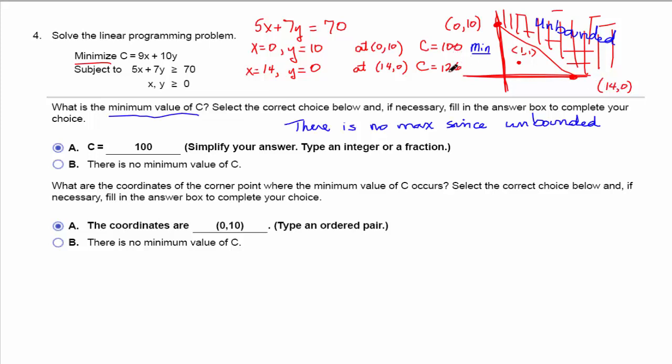And if I plug in 14, 0, so I'm just plugging it into 9 times 14 plus 10 times 0, I get 126. We're looking for the minimum, so the minimum is 100, and that is occurring at the point 0, 10. And that's it. That concludes our linear inequalities and maximizing and minimizing.